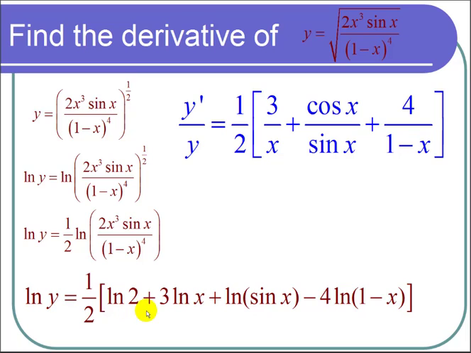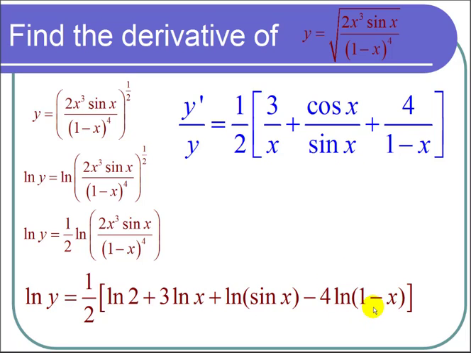It goes away. The derivative of 3 natural log of x is just 3 times 1 over x, or 3 over x. The derivative of natural log of sine of x, I can use a chain rule. The derivative of the inside is the derivative of the sine of x, that's cosine x, divided by the derivative of the natural log, which is 1 over sine, and I get cosine x divided by sine of x.